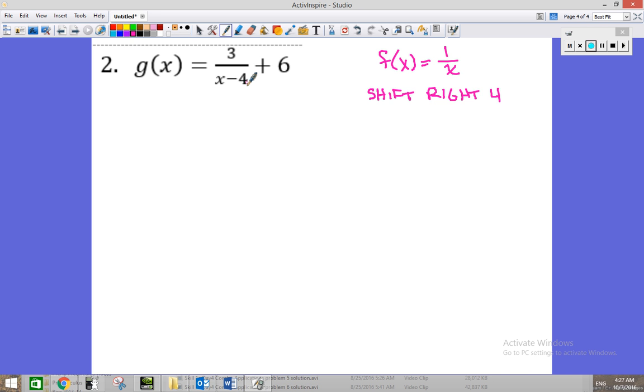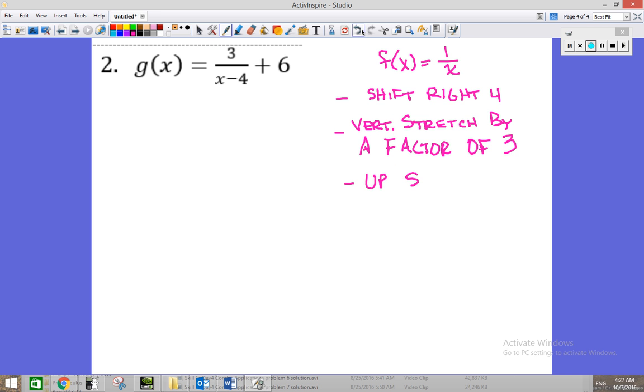Then I would take that resulting graph and vertically stretch it by a factor of 3. And then next, take that result and go up 6. So I have a rough idea then of what this graph would look like.